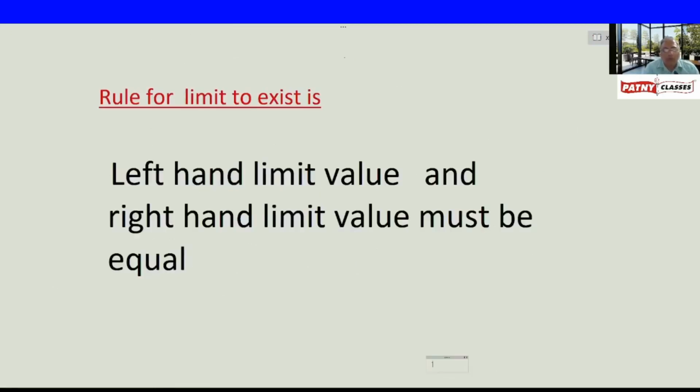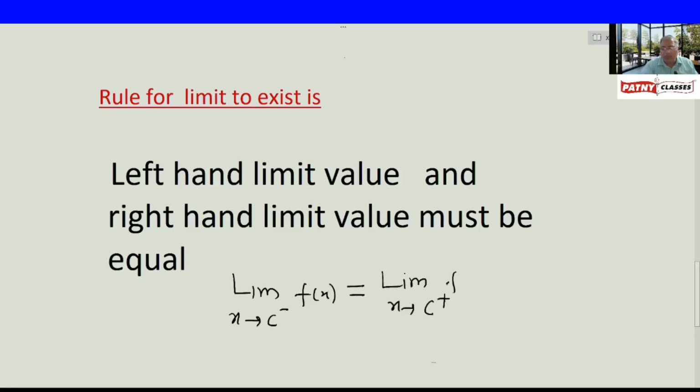Thus, the rule for a limit to exist is that the left hand limit value and right hand limit value must be equal. That is, limit x tending to c minus f of x equals limit x tending to c plus f of x. If this condition is satisfied, then only the limit of the given function exists, otherwise it does not exist.